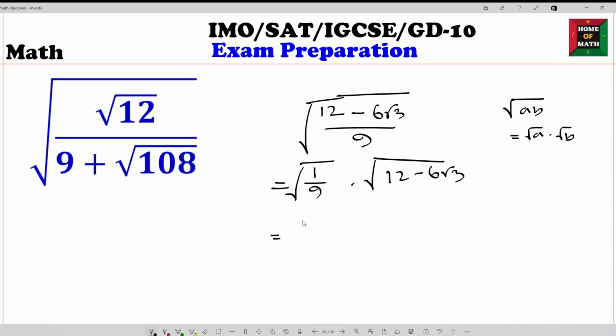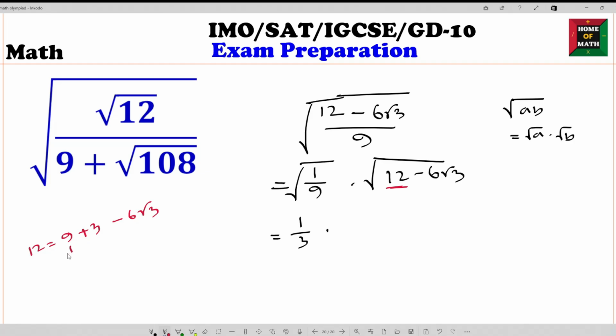So this one we get 1 by 3, and this one we have to make some tricks. Like what? This 12, we can write 12 equals 9 plus 3, and here is minus 6 root 3.